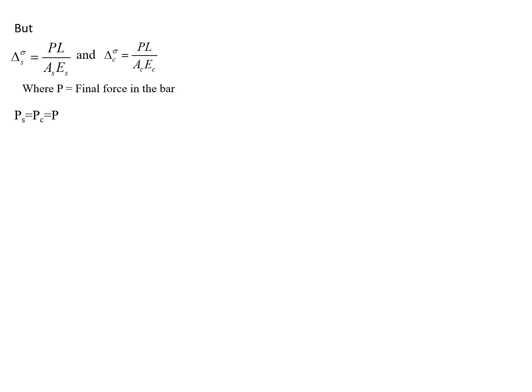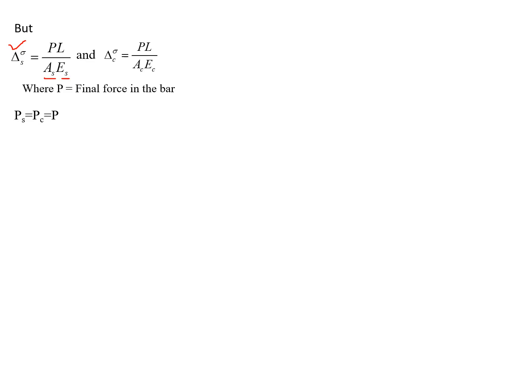And we know that the expansion of the steel due to the temperature stress, that is delta S sigma, equals PL by AE. So here it is PL by the cross section area of the steel and the Young's modulus of the steel.